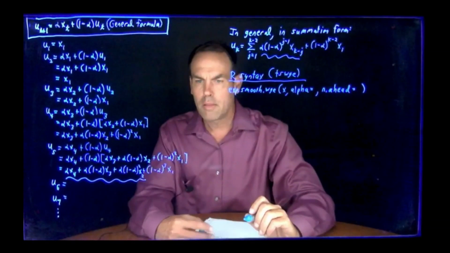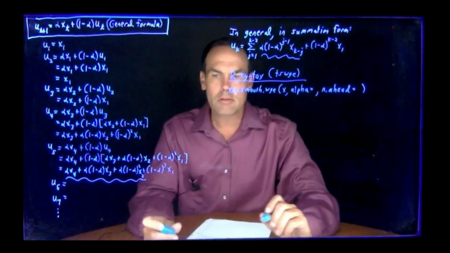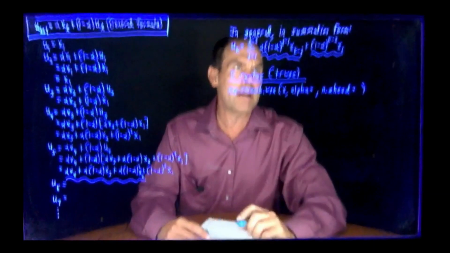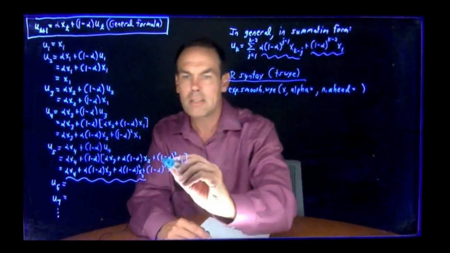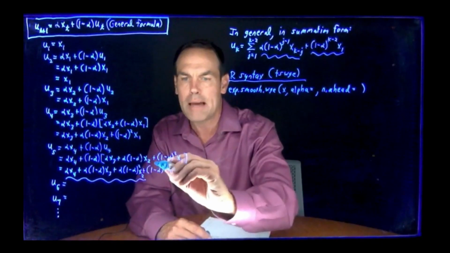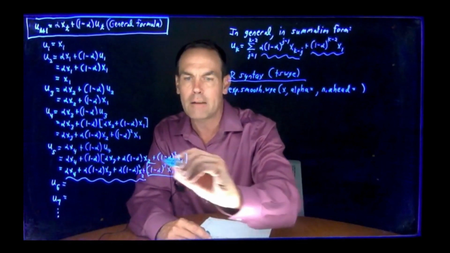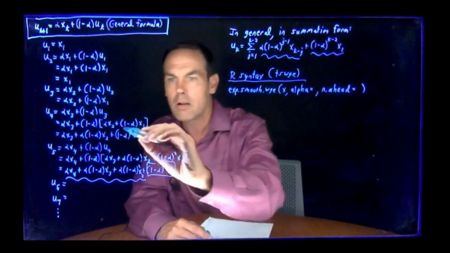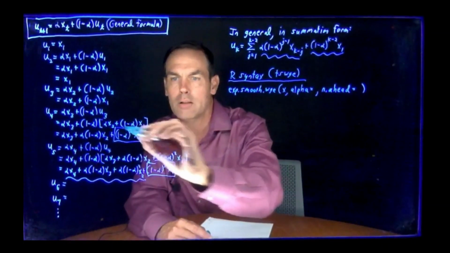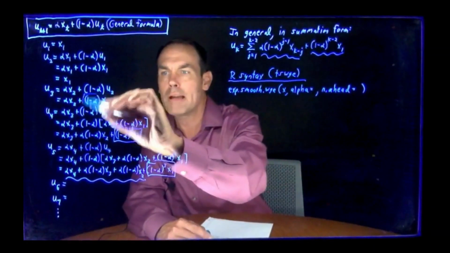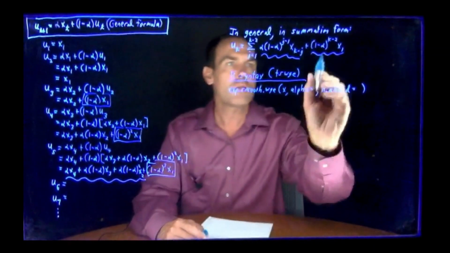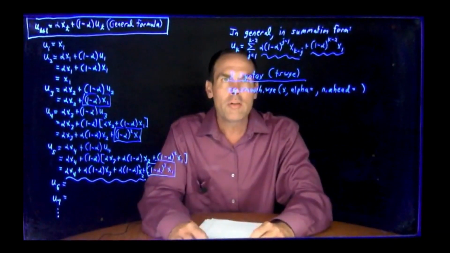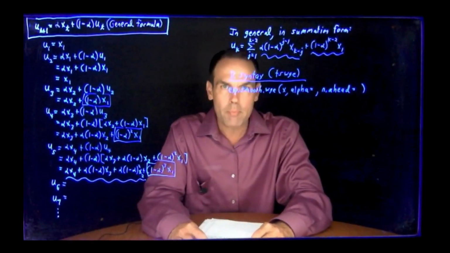And then the very last piece of it is the (1 minus alpha) to the k minus 2 times x1. That's this term that happens at the back. Always at the very final term is a (1 minus alpha) cubed x1. That's what this looks like. Here it was (1 minus alpha) squared times x1. Here it was (1 minus alpha) times x1. So that's this piece. And that is the formula in summation form.